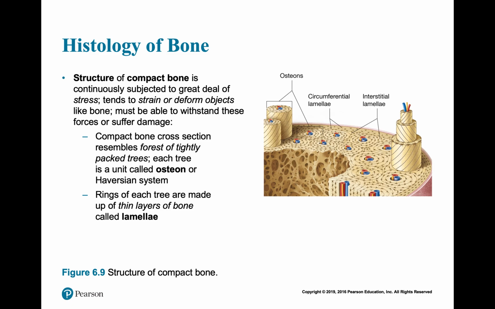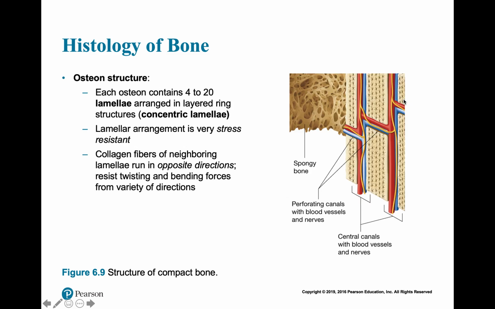Or beams within a building, columns on your front porch, what do they all do? They are weight-bearing pillars. Osteons do the same thing. These concentric circles of lamellae that create this osteon act as weight-bearing pillars, and they're very resistant to stress, okay?